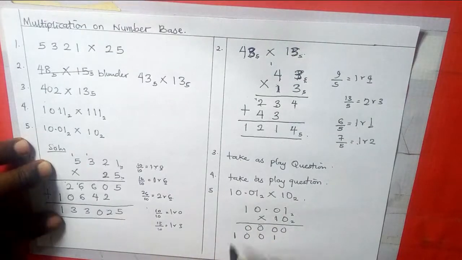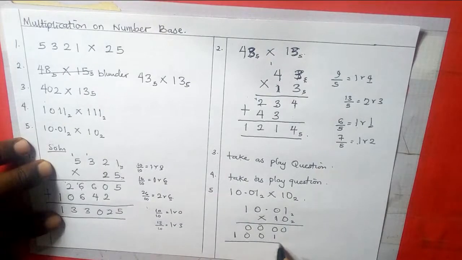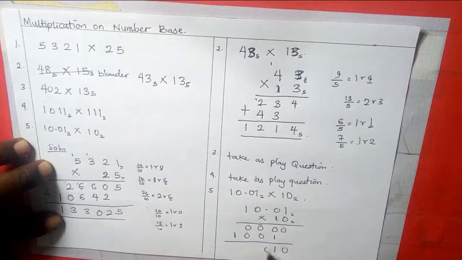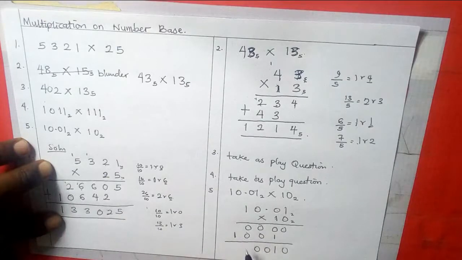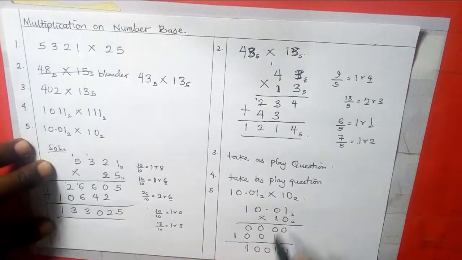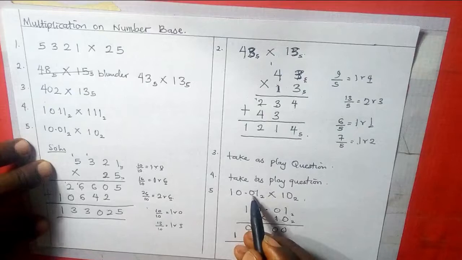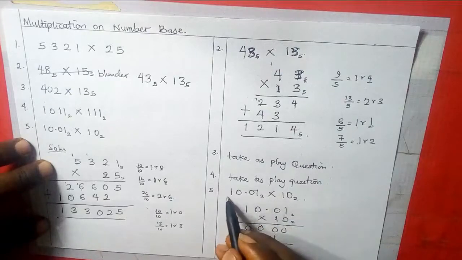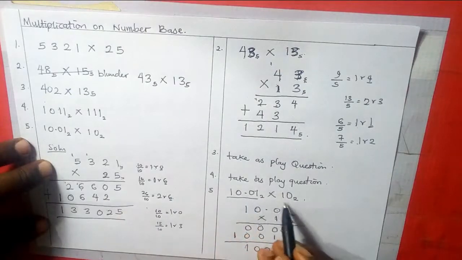So I will sum it together. Summing it together, I have 0, 1 is 0, 0, 1. Any problem with this? No problem. So you ask yourself, how many decimal places are together in this digit and in this digit?